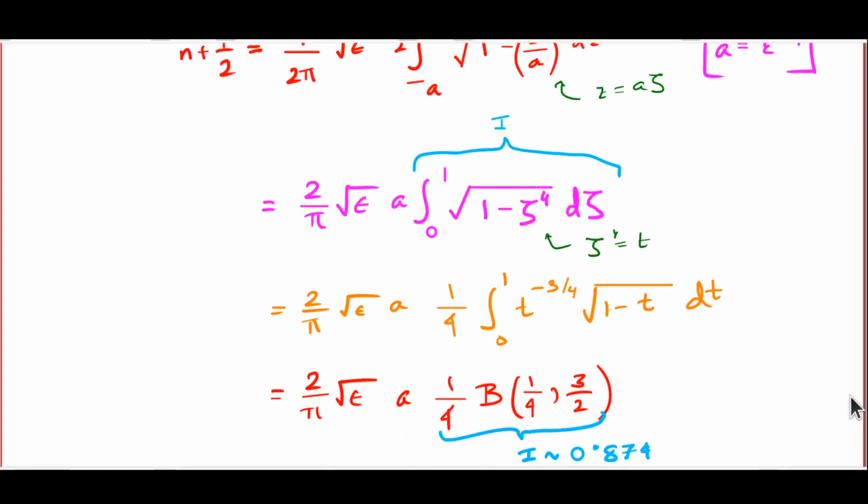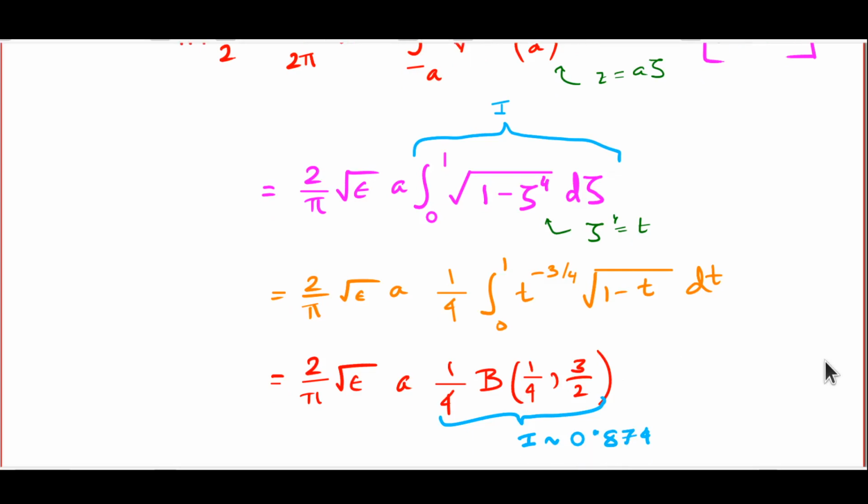So apart from this 2 by π root ε a, you have this quantity which we call the integral I, and that's essentially 1/4 of the beta function with 1/4 and 3/2 as the two arguments. You can express this in terms of the gamma functions if you want, and then look up the table for gamma functions or use your favorite programming language to find out what gamma 1/4 is, and this will ultimately give you a value for the integral of around 0.874, something of the order of 1.